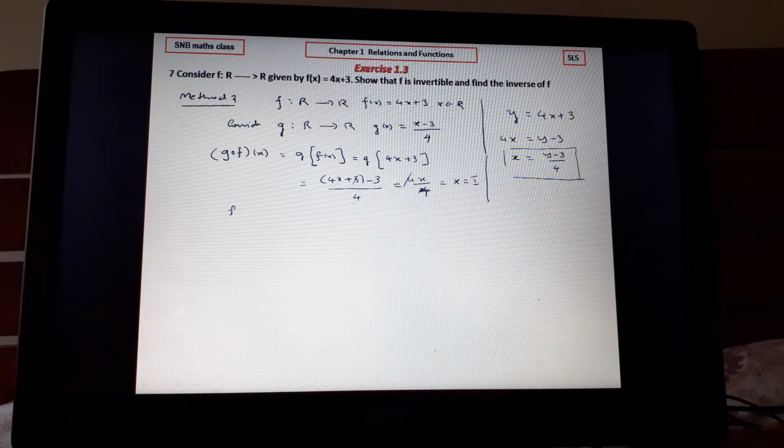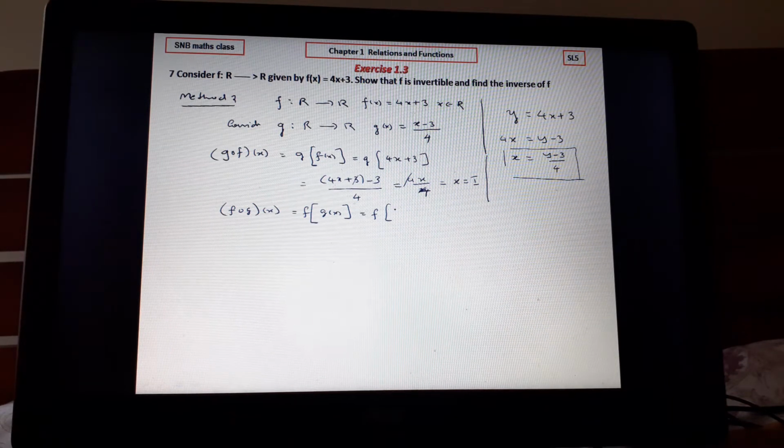Next, I have to find f of g of x. So this will be equal to f of g of x, which is f of x minus 3 divided by 4. Now f of x is 4x plus 3. Therefore wherever there is x, I have to put x minus 3 by 4. So I will write 4 into x minus 3 divided by 4, plus 3.